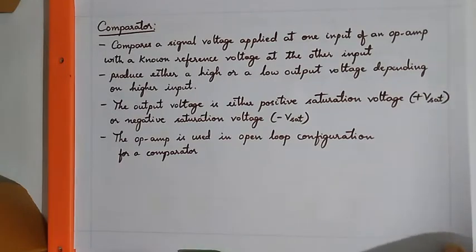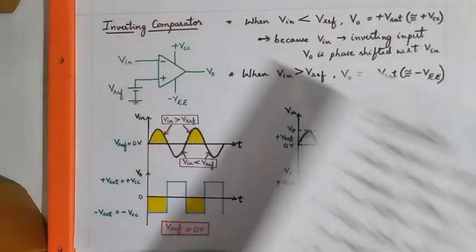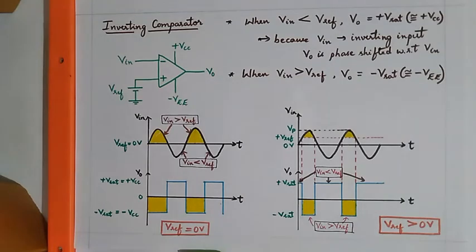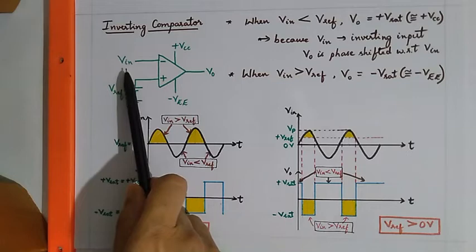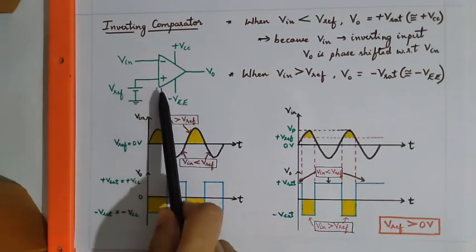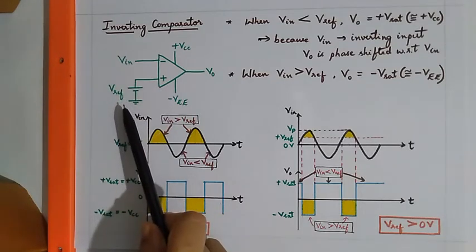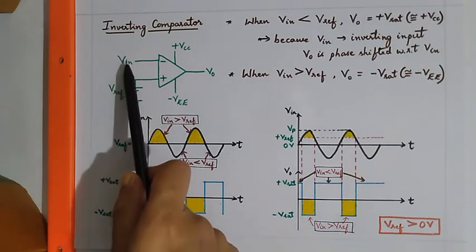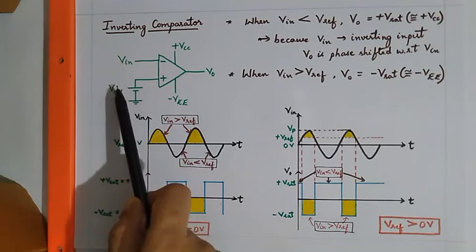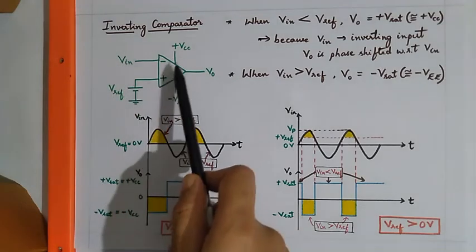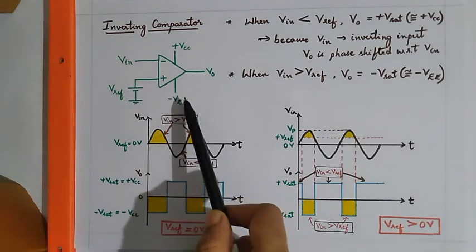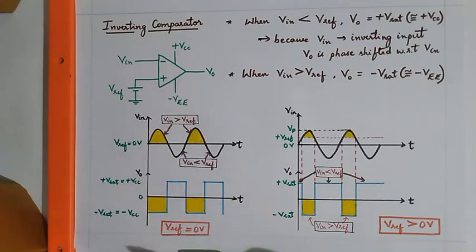We'll study one of the comparator circuits, the inverting comparator, wherein the op-amp is connected in the open loop mode. To the inverting terminal the input signal is applied, and to the non-inverting terminal a reference voltage, that is a DC source, is connected. These are the two voltages which are compared, and the supply voltages are plus VCC and minus VEE.